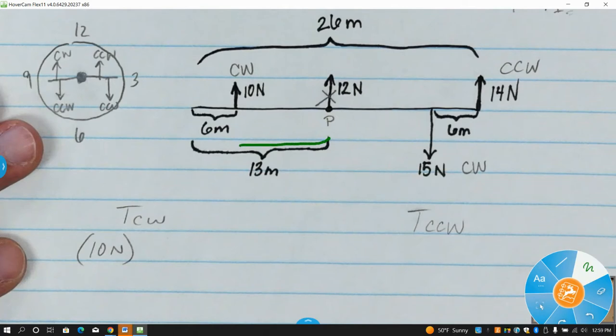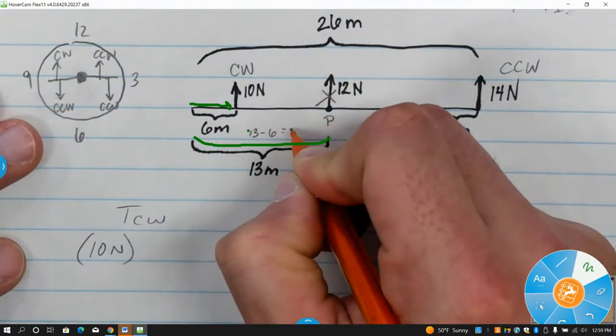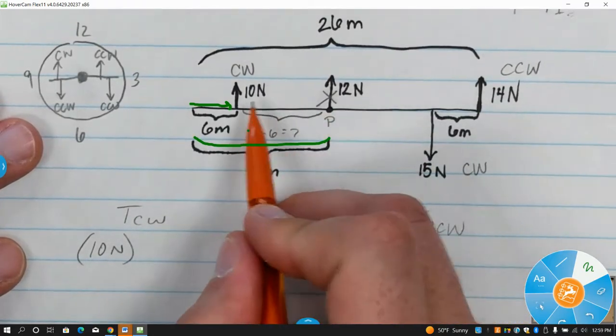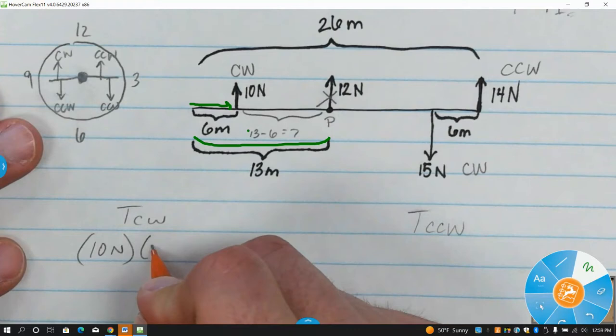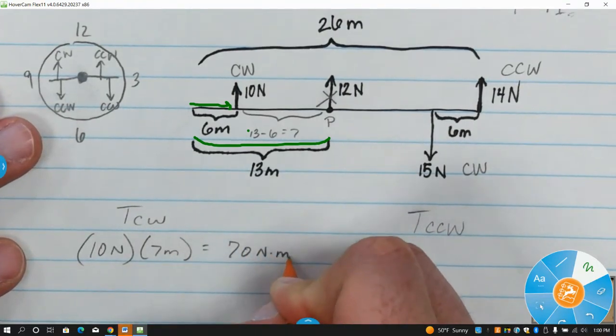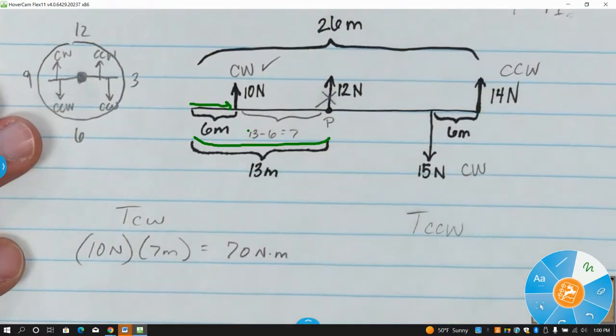It's like 7 meters, right? From P to this end is 13, but then you go back 6. So 13 minus 6 is 7. So that's how far the 10 Newton force is from P. So we're going to do 7 meters. So this is 70 Newton meters. I'm going to put a check mark next to it to know it's done.